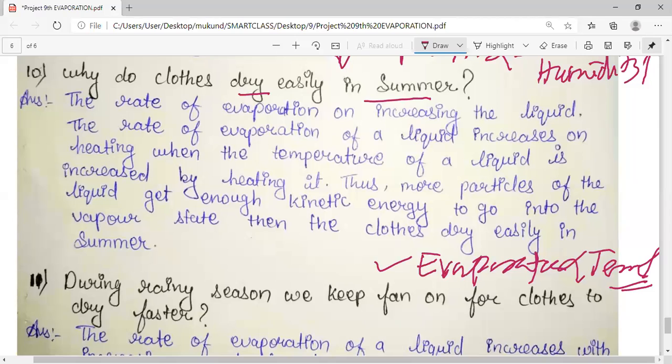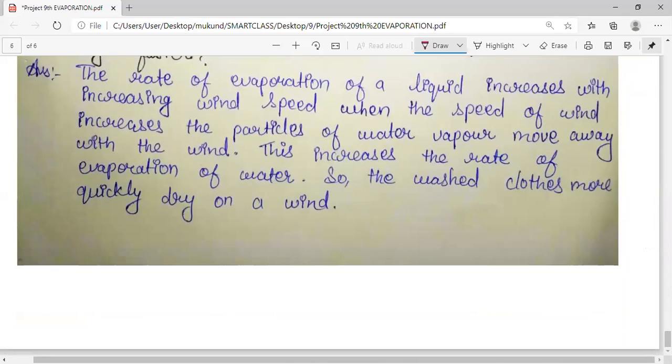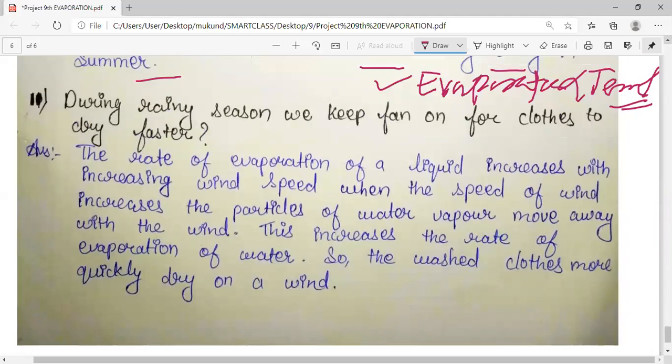The rate of evaporation of a liquid increases on heating, and thus more particles of liquid get enough kinetic energy to go into the vapor state, so the clothes dry faster in the summer. Then, my dear students, we have one more reason.